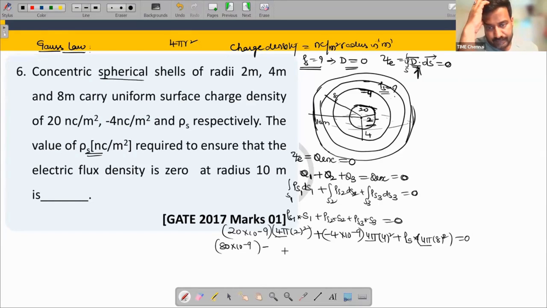Minus 4 square is 16 into 4, minus 64 into 10 power minus 9, plus, yes, 4 into 4, 16.